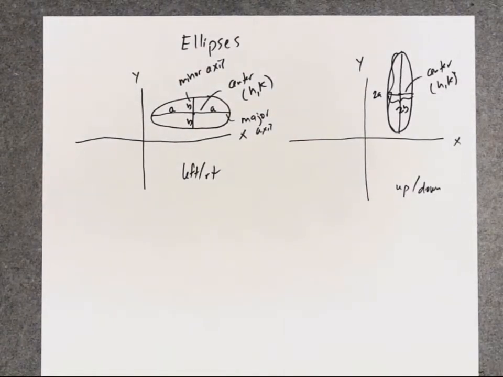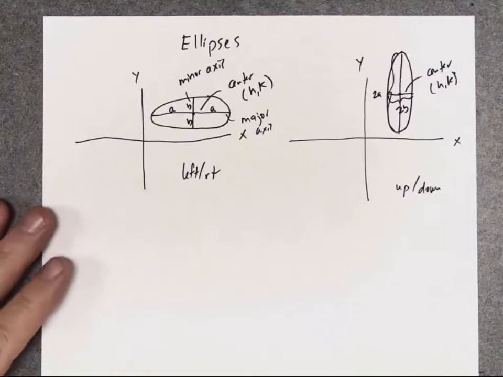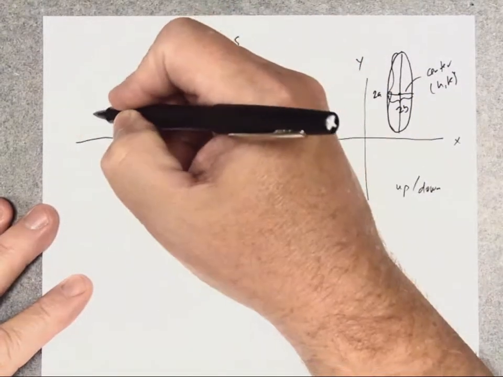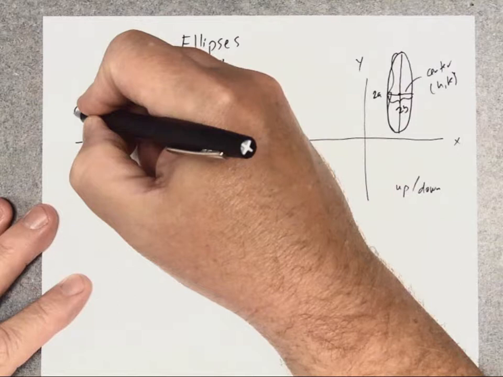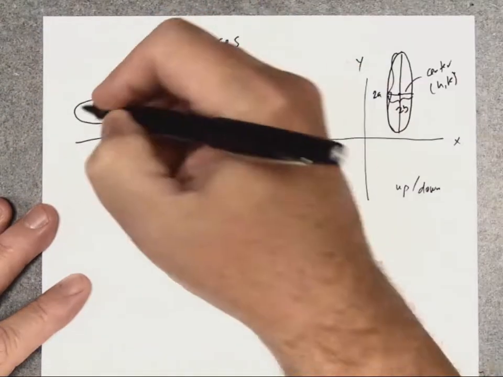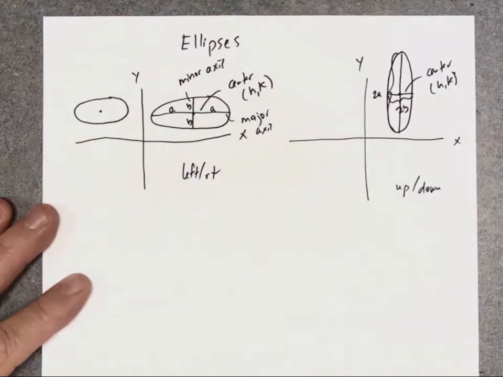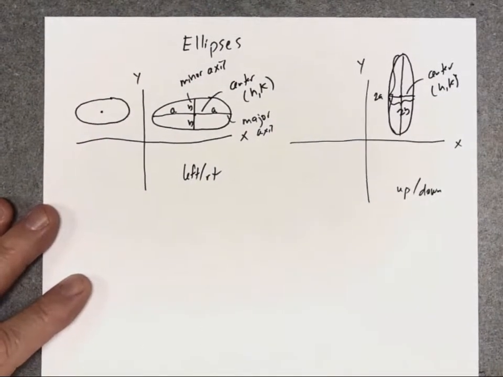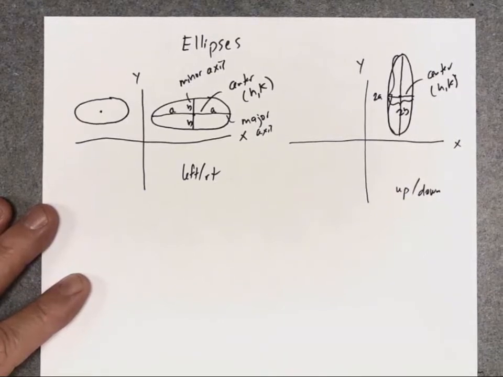And then there's one more point that they will sometimes ask you to determine of an ellipse, and you really don't need these points to sketch or graph the ellipse, but sometimes they will ask it. And that's, let me do it over here. An ellipse will have 2 focus points, or the plural is foci, so they'll say find the foci of the ellipse.